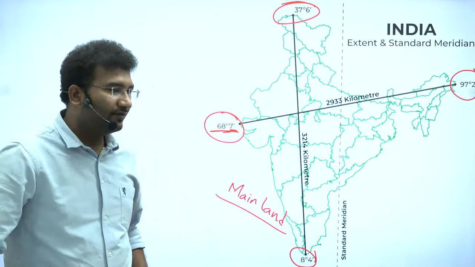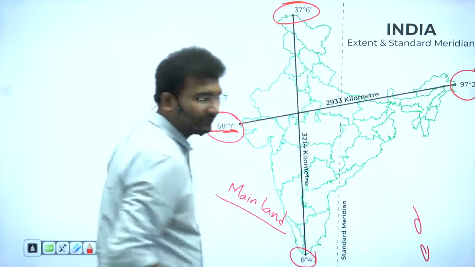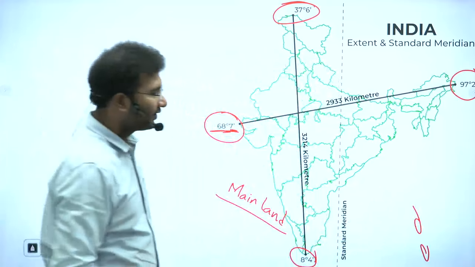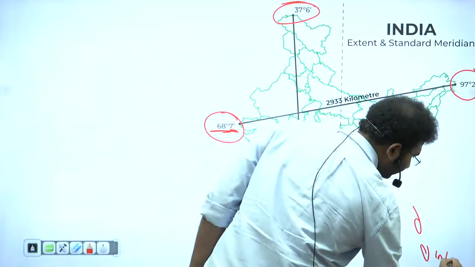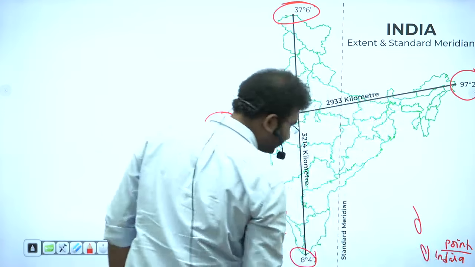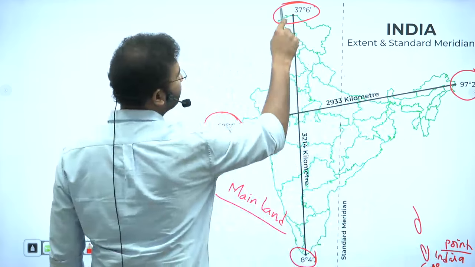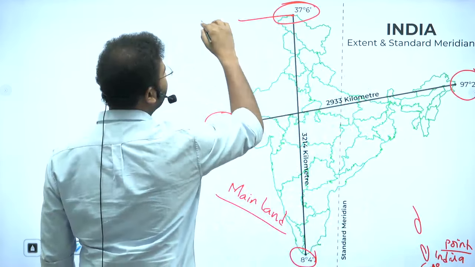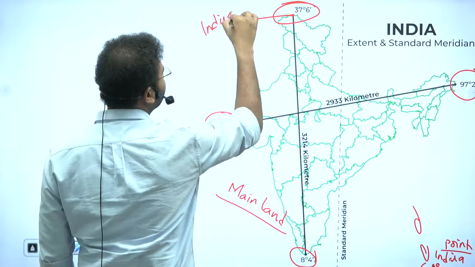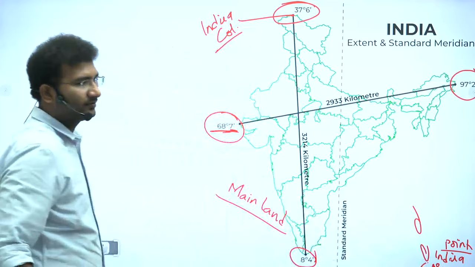Whereas if you go towards the southernmost point, that is Indira Point, that is 6 degrees 8 minutes or 6 degrees 4 minutes. This is the northernmost point. We call it Indira Col, and this is called Indira Point.